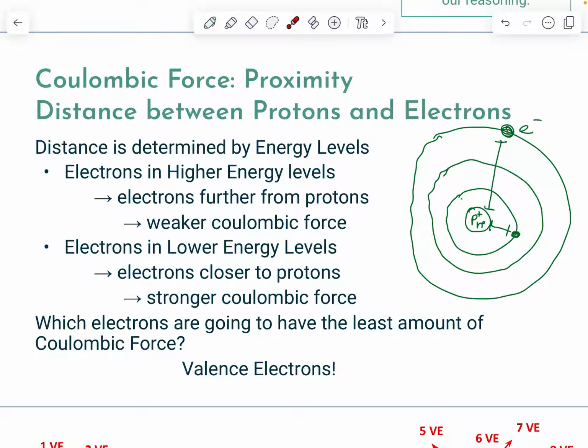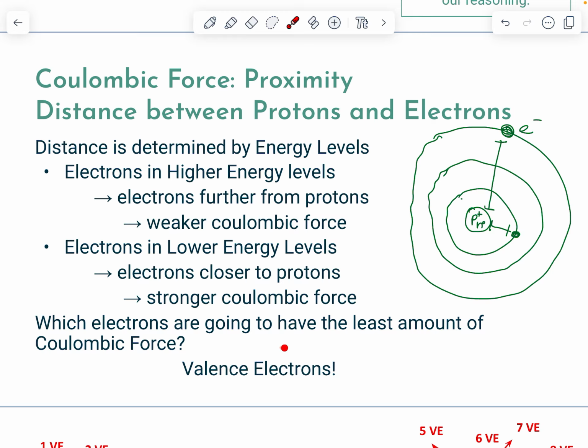And so electrons being further from the protons means it's a weaker Coulombic force, a weaker pull of those protons on those electrons. If your electrons are in low energy levels, 1, 2, 3, those electrons are closer to the protons, so that Coulombic force is going to be stronger.